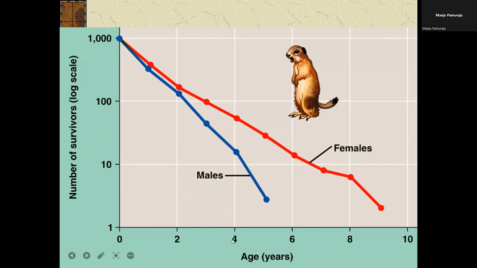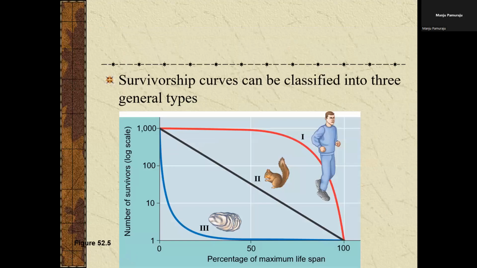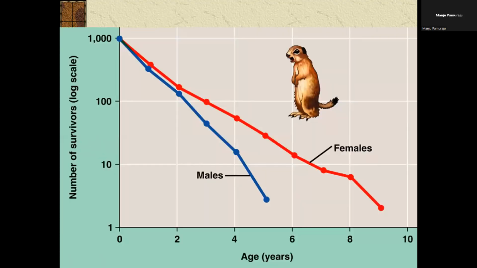Here for the males, as the age increases, the number of organisms surviving decreases. As the age increases, the number of survivors will be decreasing, and at the later age the number of individuals is only 8 or 9, like that.